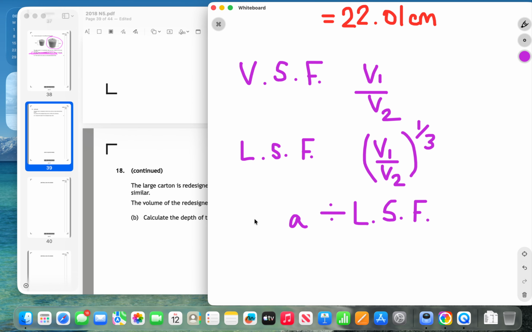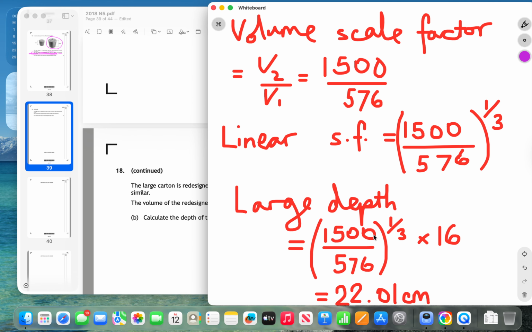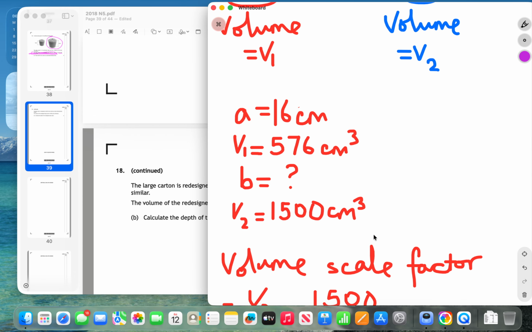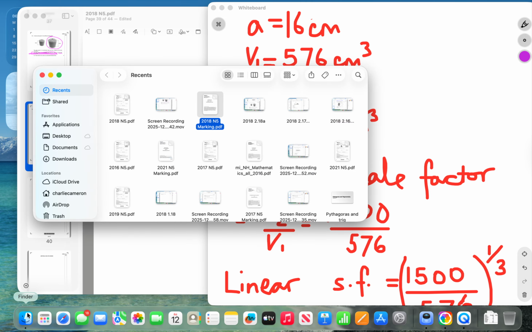So if you substitute A in 16 and you substitute 576 over 1,500 all to the power of 1/3, you should get the same answer. So let's have a look at how the SQA would mark this. We'll have a look at the method in red.